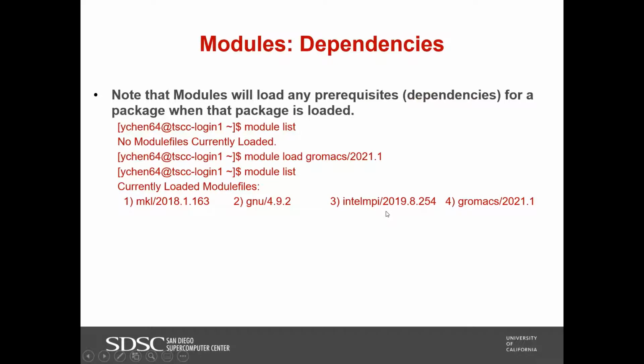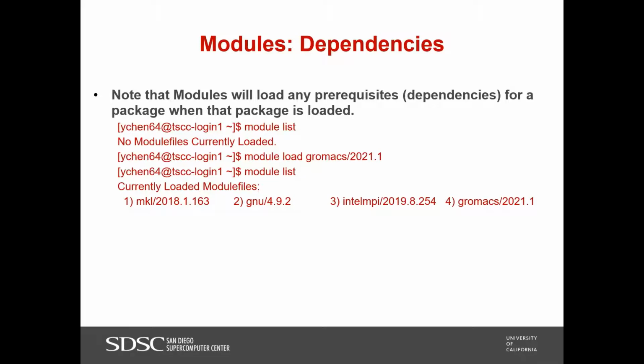And please note that modules will load any dependencies for a package when that package is loaded. In this example, with module list we don't have any module loaded. Then I type module load GROMACS 2021.1, and then module list.